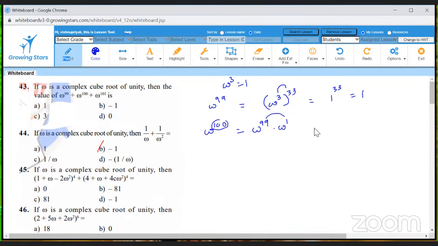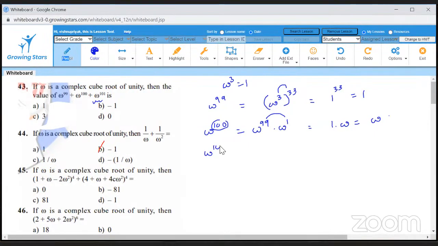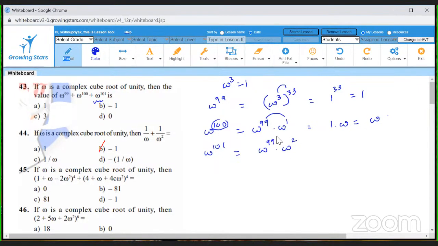So omega power 99 we got 1, into omega, which is omega. What is omega power 101? It is omega power 99 into omega power 2, because 99 plus 2 will give 101. Omega power 99, what did I get? 1, into omega square will be omega square.